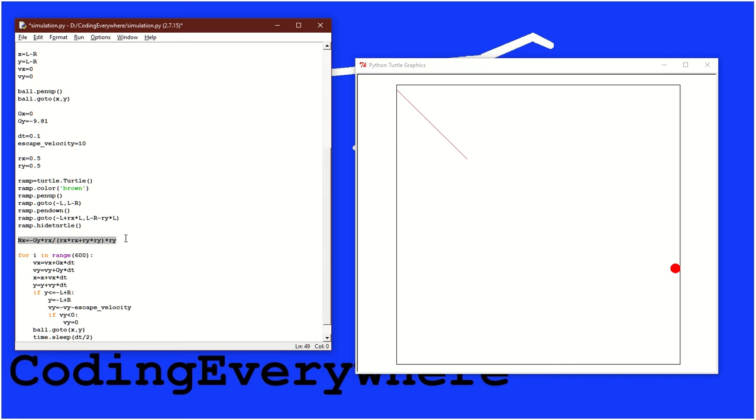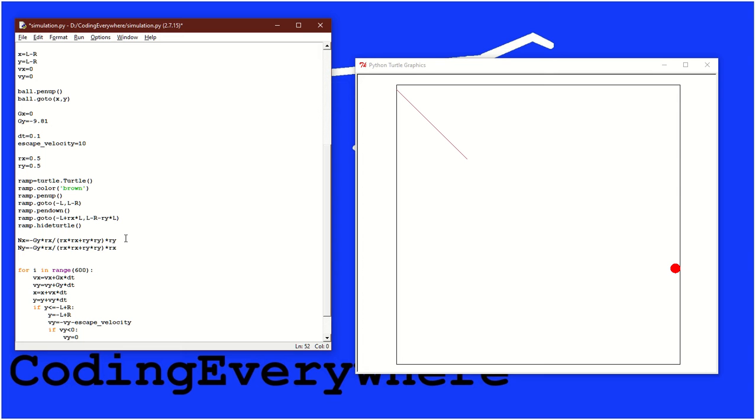And ny is very similar, almost like nx, but the last term here will be rx.